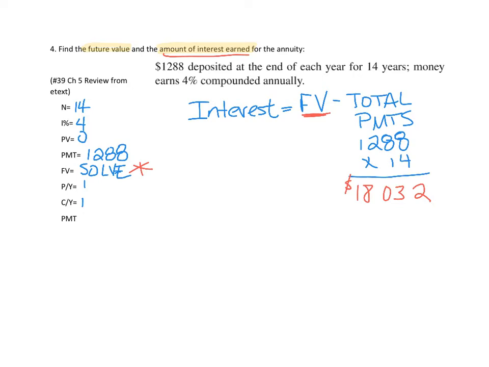And we will enter a 0 for the future value and then solve. And when we solve for the future value, we see that the future value is $23,559.98.